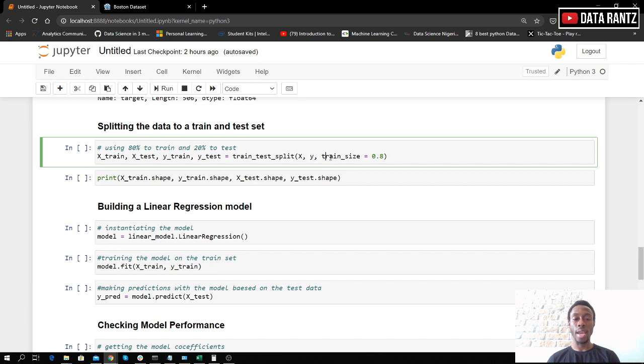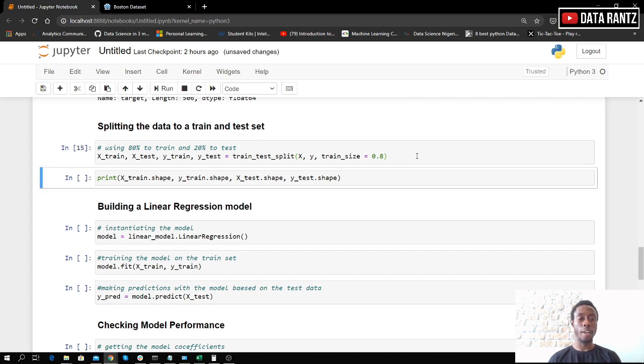The train size is the fraction of the data that we want to use for training. We're using 0.8, meaning we want to use 80% of the data for training and 20% for testing. The data will be split into x train, x test, y train, and y test. The y is your target, and the x are your different feature variables.